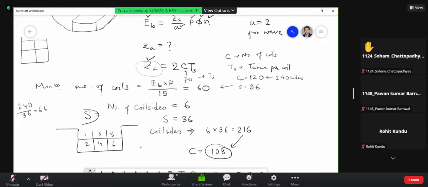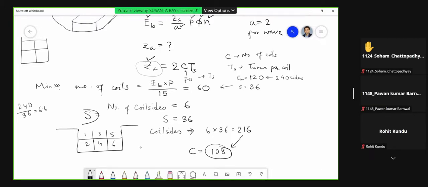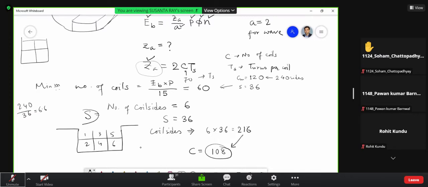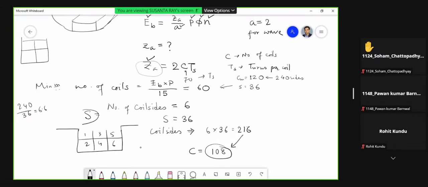I don't know. Because the only constraint is the number of coil sides per slot, that should be even. Okay, 2, 4, or 6, because it's a double layer winding in case of DC machine.